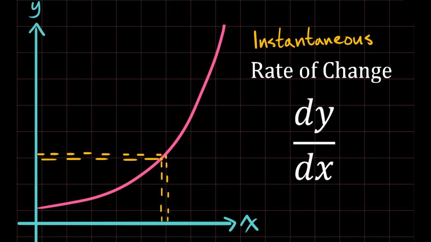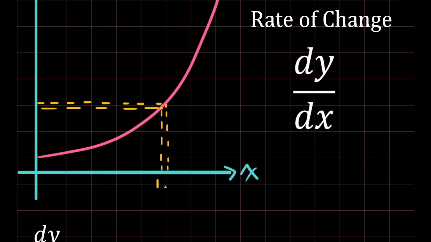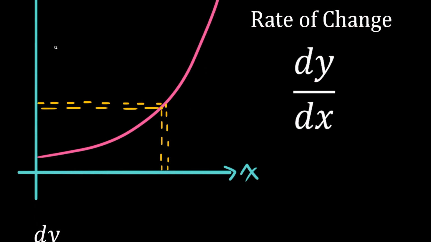And this will be your x1 and x2 instead. Obviously, when you are drawing this out, you can't show this. So what you're really doing, if we zoomed in infinitely, you'd have your slope like this.